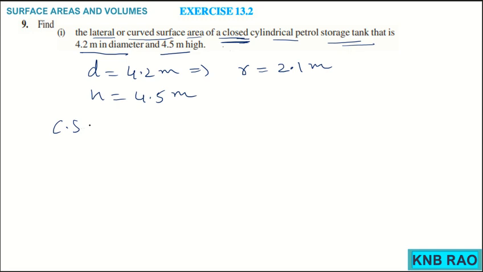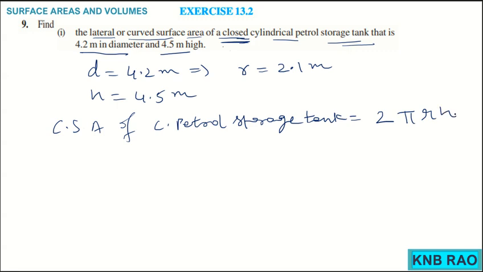Now CSA of cylindrical petrol storage tank is 2 pi RH.